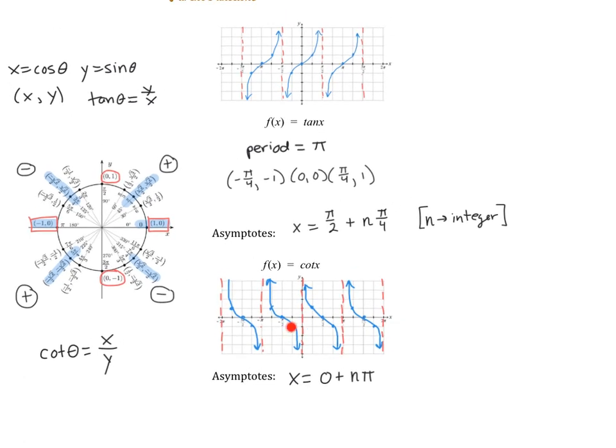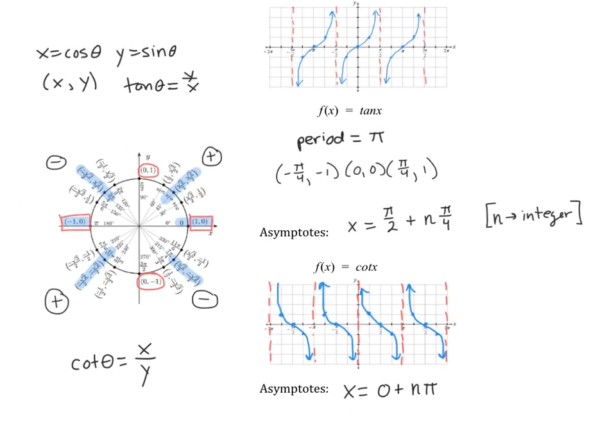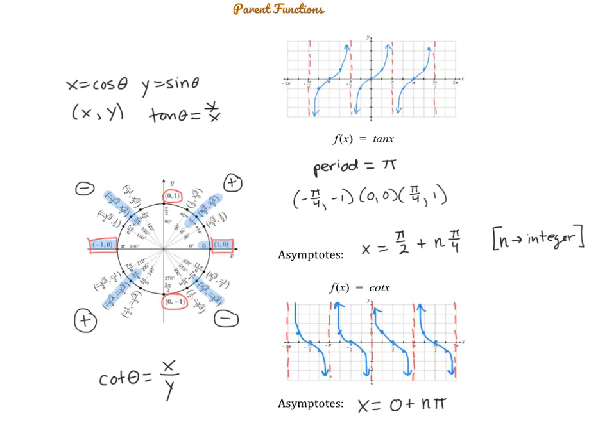However, for cotangent, the asymptotes are shifted over by pi over 2. And you'll also notice that within each period, cotangent is decreasing rather than increasing like tangent. So we can use these basic shapes and the original locations of our asymptotes to help us graph transformed versions of our functions.